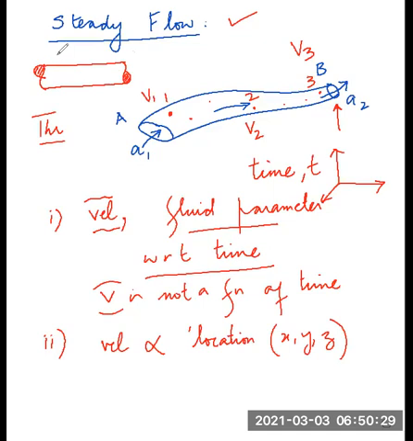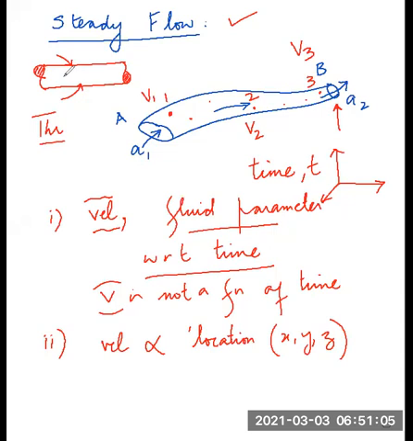If we neglect the no slip conditions here, which obviously we cannot neglect, imagine that if we neglect no slip conditions, the boundary layer, and if we imagine that the fluid velocity is the same at all the points, then also the fluid flow is steady flow. Then the fluid velocity will not be a function of time and will not be a function of location also. Such a flow can also be hypothetically imagined as a steady flow.